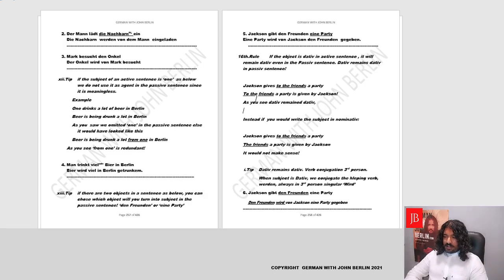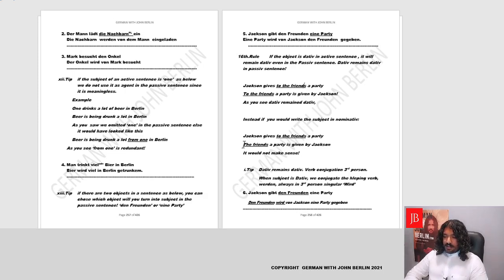So when you see that in a sentence there is a dative object, like you see here, it's to the friends. If there is a dative object in an active sentence, when you turn it into passive, the object, when it becomes the subject, it remains dative. Why does it remain dative? Because if I change it into nominative, the meaning would change.